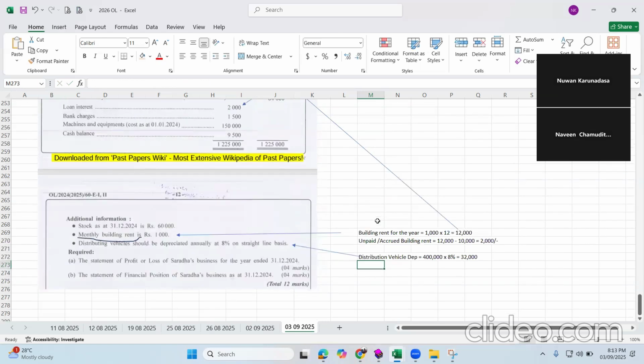This is the distribution vehicle, that is to sales and distribution expense, and the accumulated depreciation calculation. So it's done.